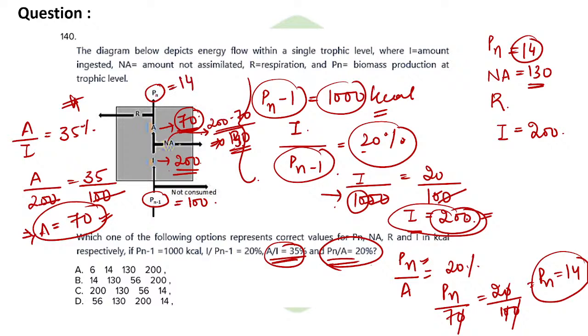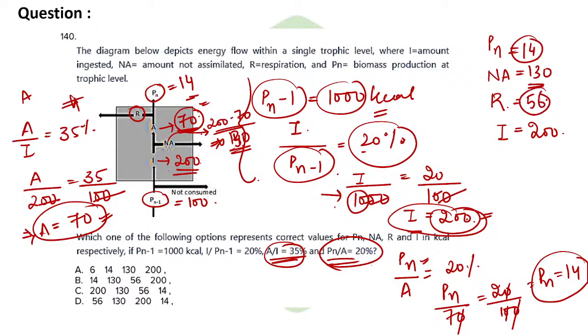If you have Pn as 14 and the value of A as 70 solved by us, how much will be the respiration part? Respiration part will be 70 minus 14, which is equal to 56.